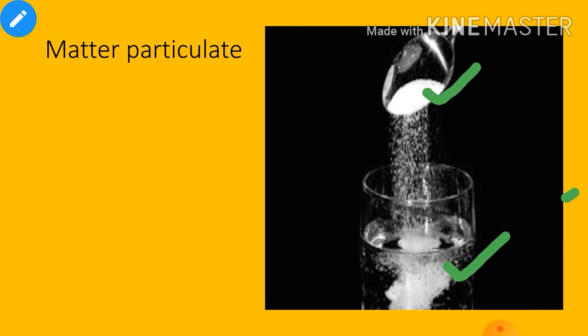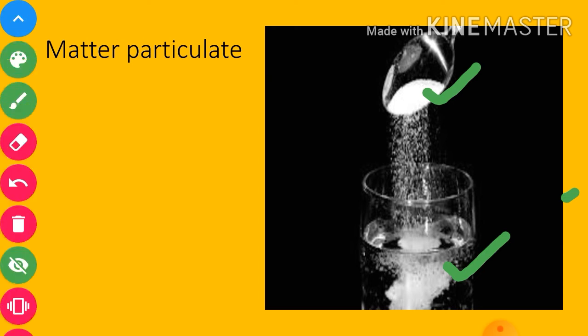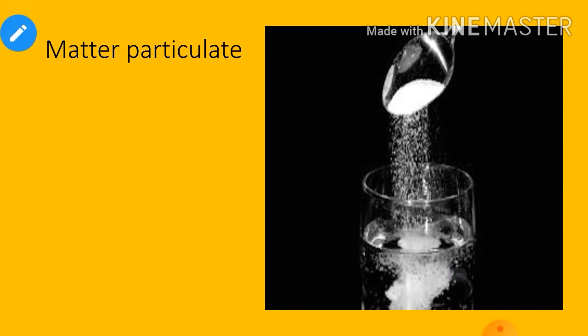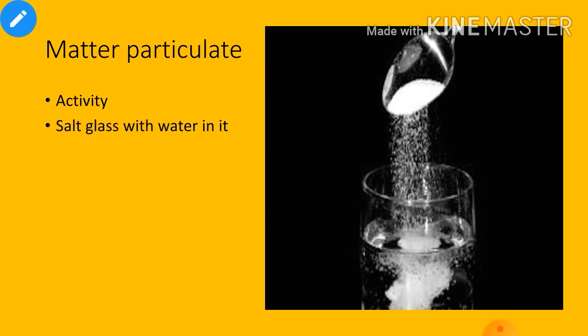Now, if you dissolve it, you can't see the salt in it. So, then where is the salt? Another thing is we can't even see a rise in the water level in the glass. What is that supposed to mean?